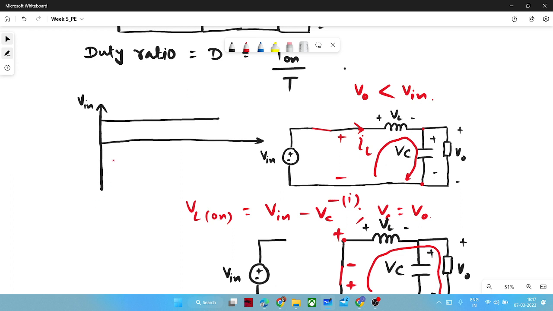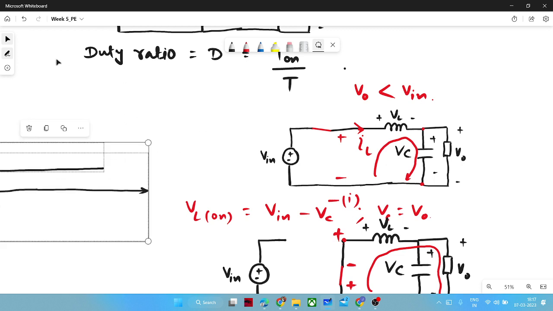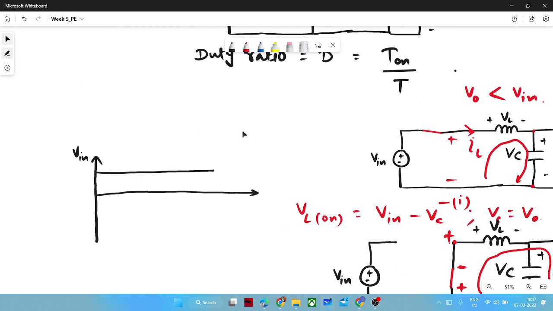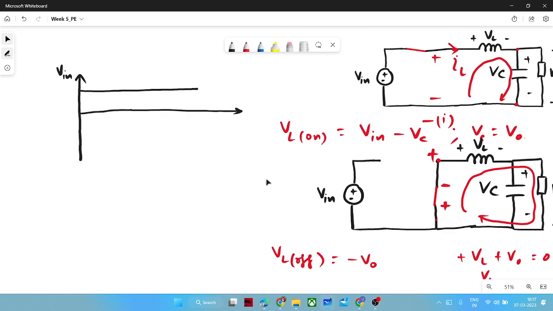Let me plot the graph here to better understand. And another point is, generally these converters have to be supplied from some gate driver circuit, or some kind of drive circuits where you inject the pulse.